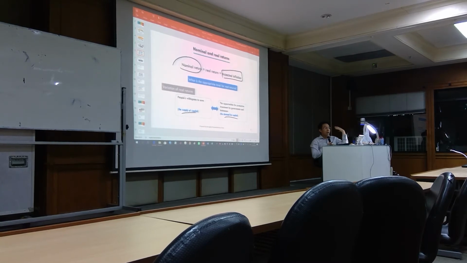When we have high demand for capital, the real return will go up, because there is a lot of demand to borrow money, so they are okay to pay a high interest rate in that period.